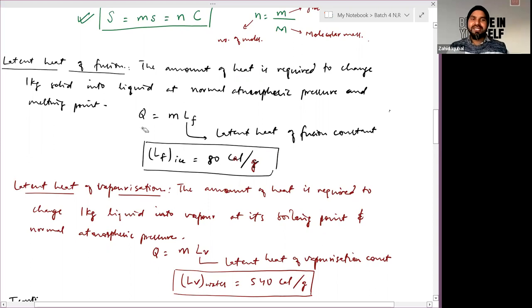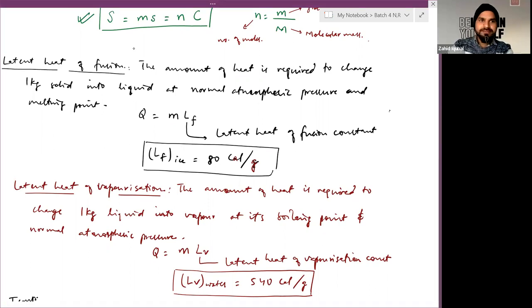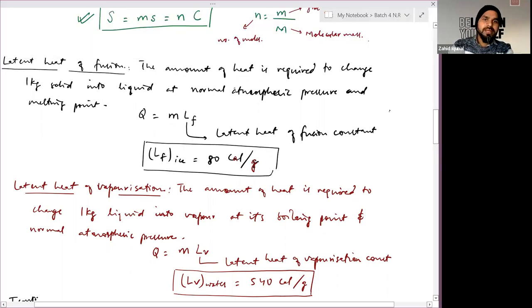You have to simply define, since latent heat of fusion constant, that is LF, which is nothing but the amount of heat required to convert a fixed amount of substance, that is 1 kg mass, to change state from solid to liquid. So LF equals Q divided by mass. I've just rearranged this relation to get Q.